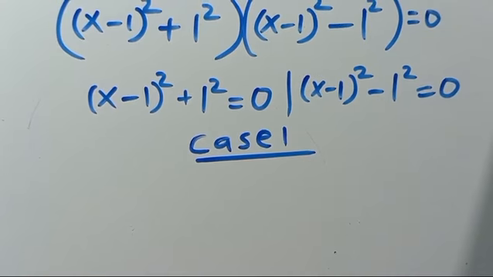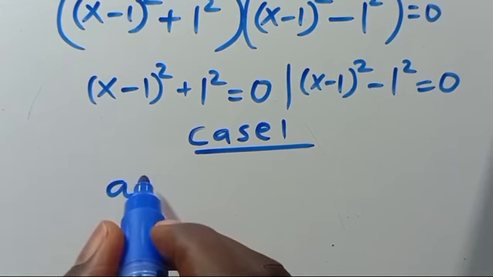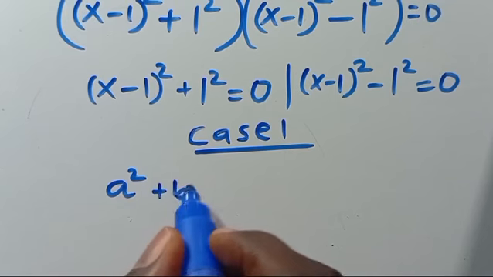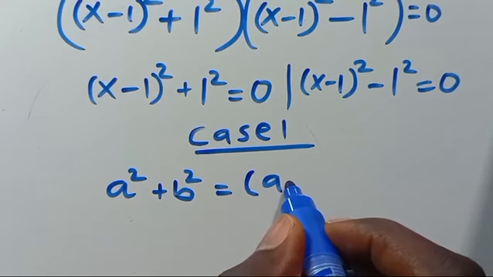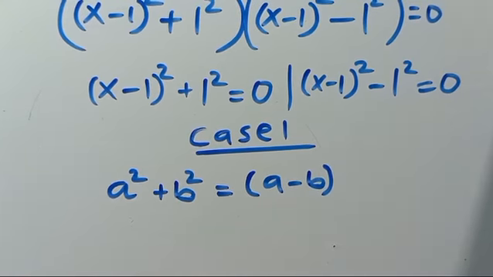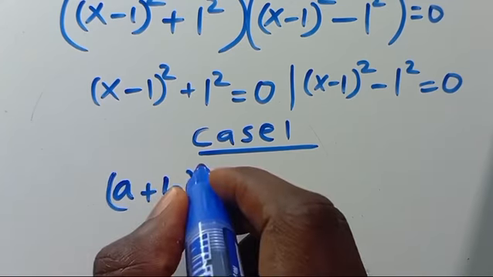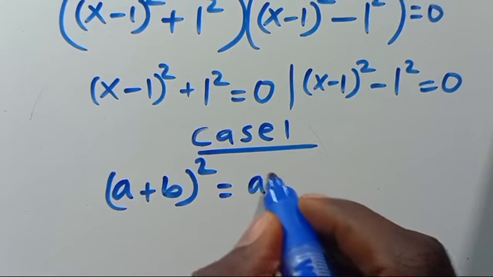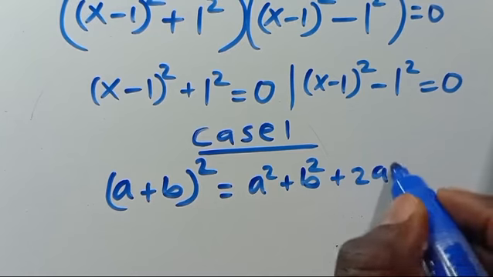But before that, let us note that when we have a plus b, in parentheses to the power of 2, it always equals a^2 + b^2 + 2ab.